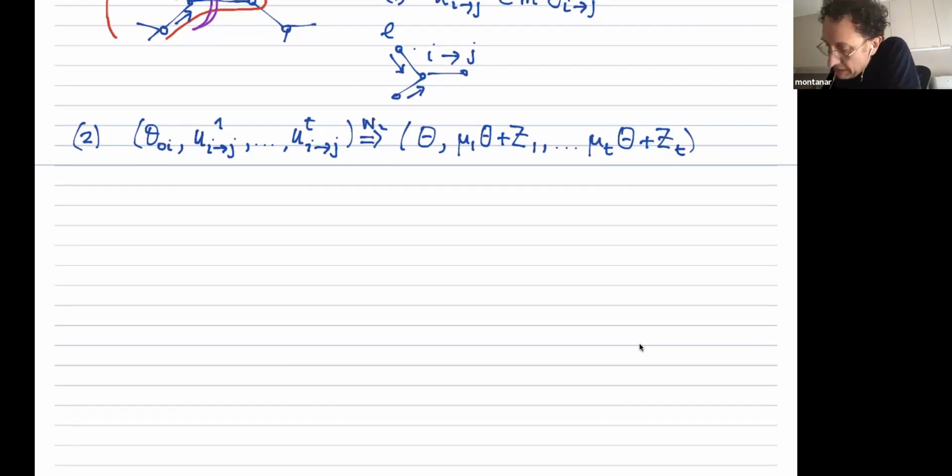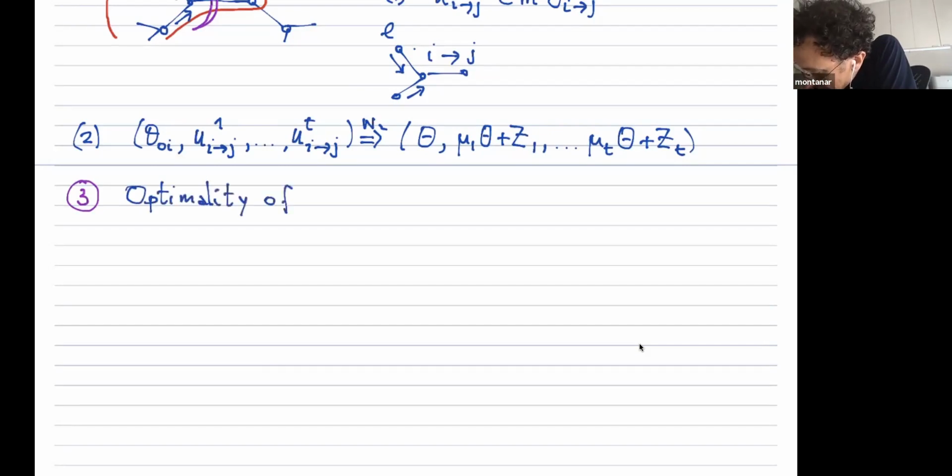Okay, so now this is the third part of the proof, where you will finally prove the optimality of Bayes AMP among all AMP algorithms.